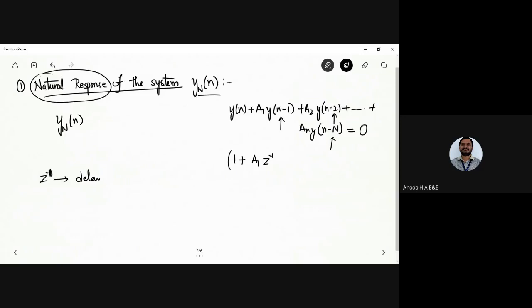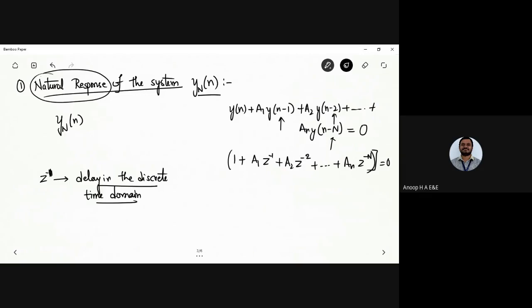Then plus a2 z power minus 2, and so on up to aN z power minus N, and I can equate it to 0.